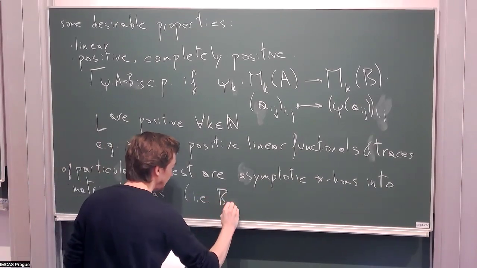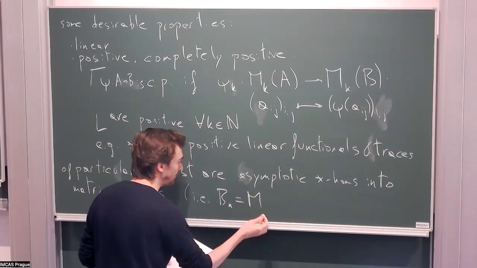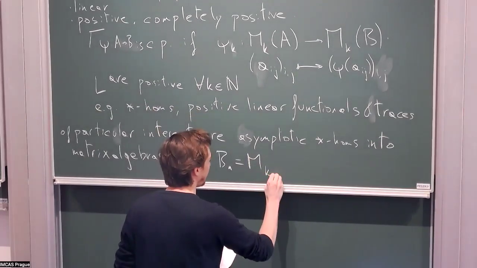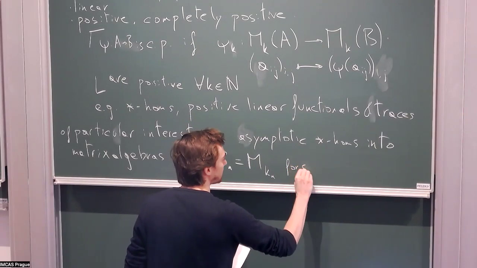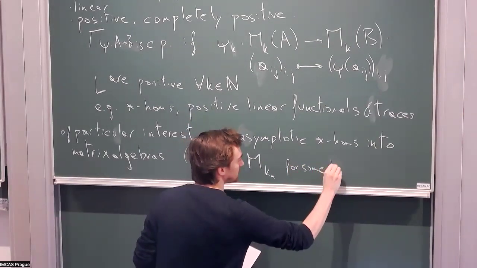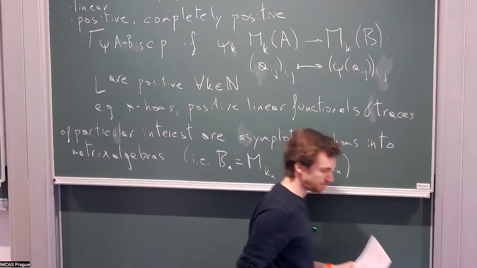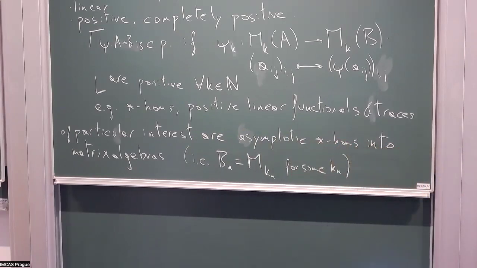So B_n is M_{k_n} for some k_n. All right. And so this is where these two notions of quasi-diagonality and the MF property come in.